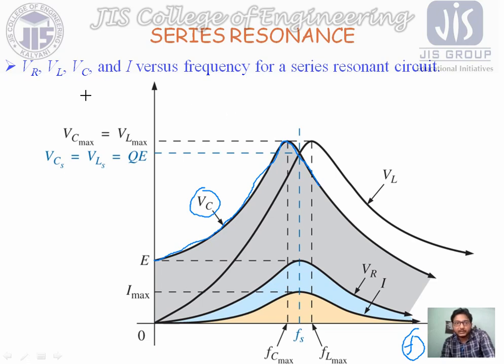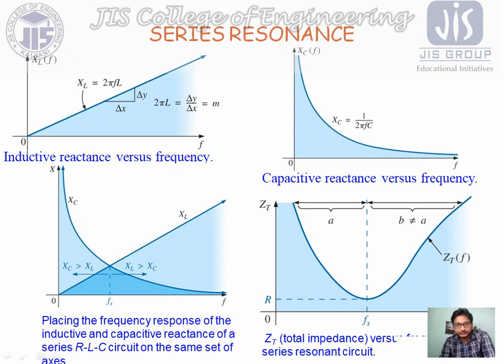Okay, so if we want to calculate these voltages, we can go for the normal calculation. In our equation, the overall impedance of the circuit was R plus jXL minus jXC.